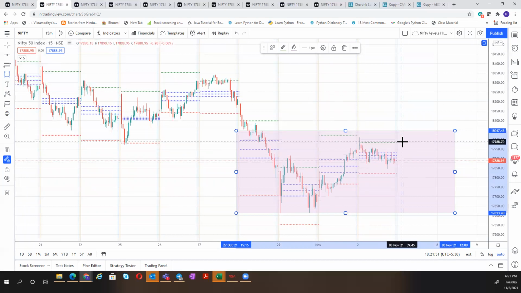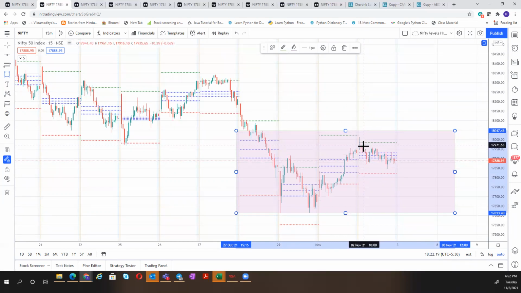This is tomorrow's R1. You know how to put pivots. I have shot a video, you can see that video on how to set up pivots. 17,982.95. Today again it opened above yesterday's high. Before I forget, if the market is in a buying mode, a range breakout will always be a turning point where the market can take you to the next level.